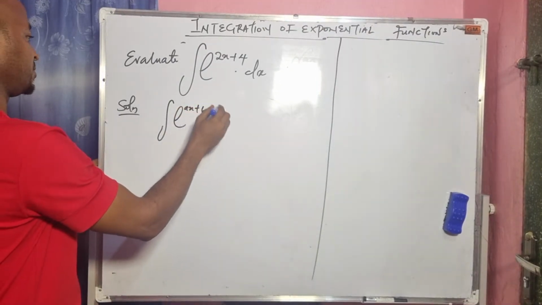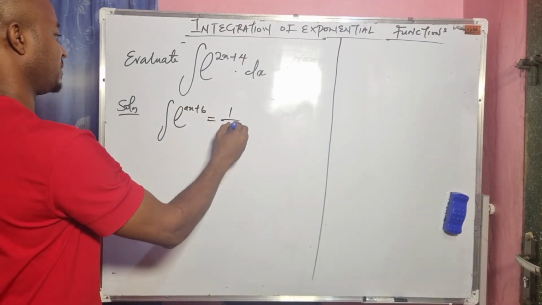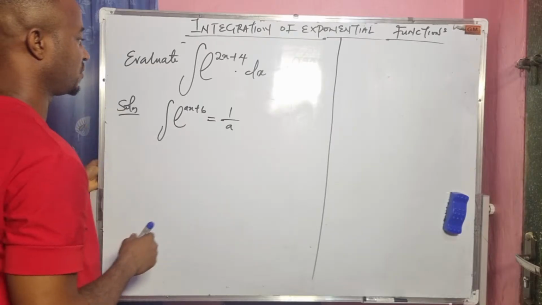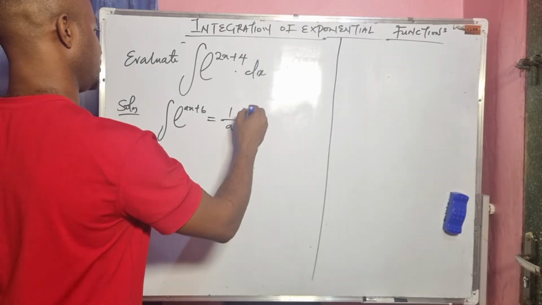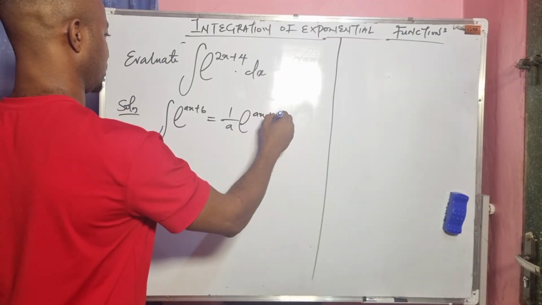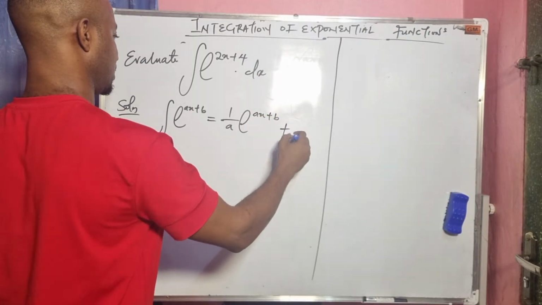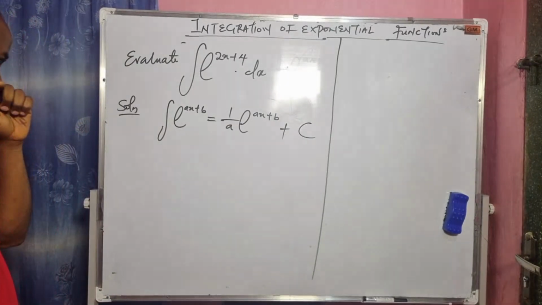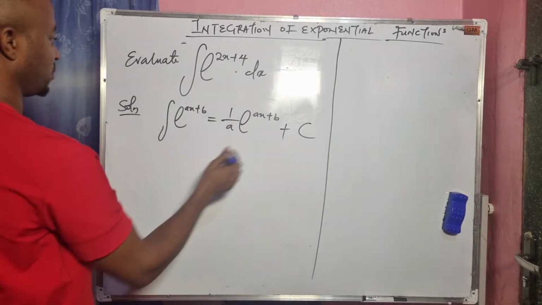ax plus b is equal to 1 over a exponential ax plus b, then plus our constant. This is what we're going to have here.